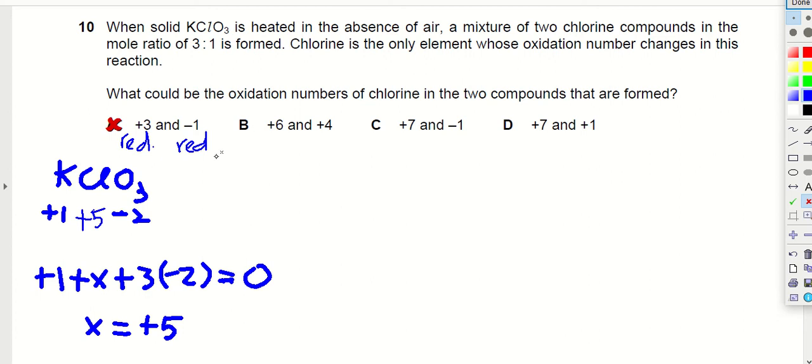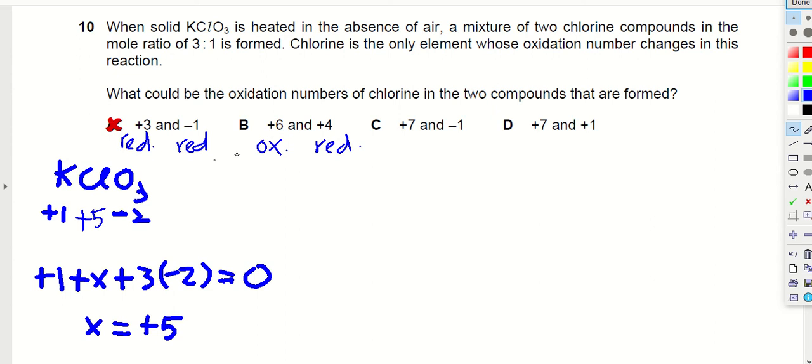Let's look at B. +5 to +6, oxidation. +5 to +4, reduction. This could be the answer.